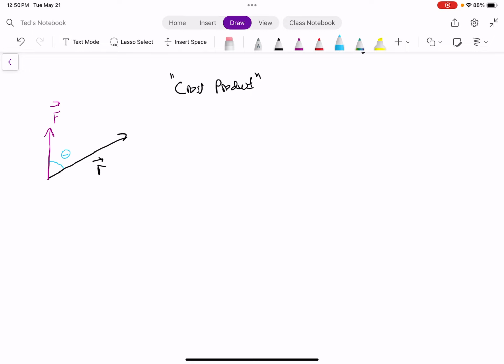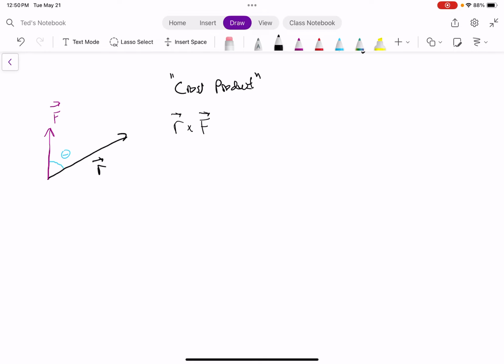So the cross product is mathematically written as r cross f, like that. So that's how we write a cross product.